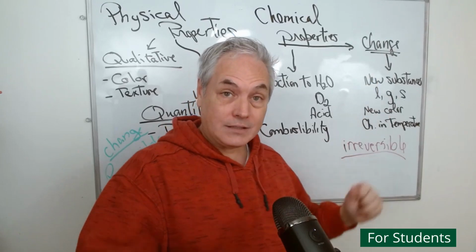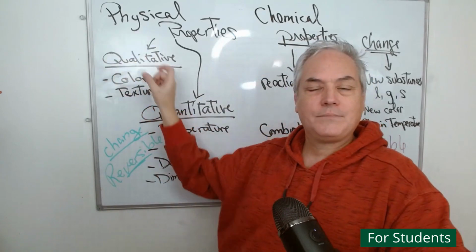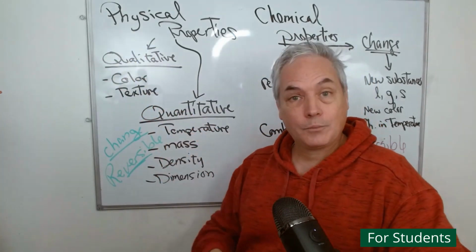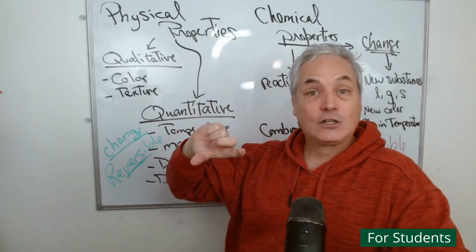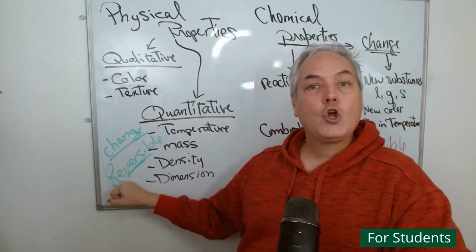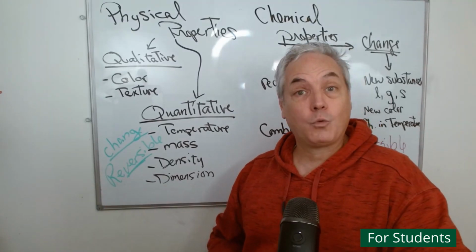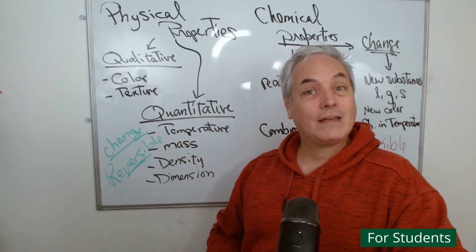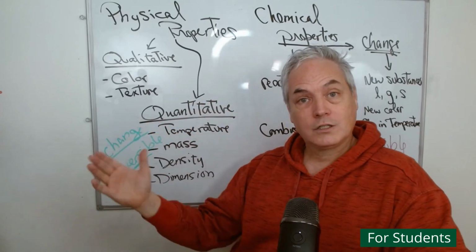Now, earlier we talked about physical properties. When we have a physical property of matter, we can have physical changes, and what's interesting with that is that we have reversible change. For example, we talked about water, vapor, and ice. Ice can be melted to get water.